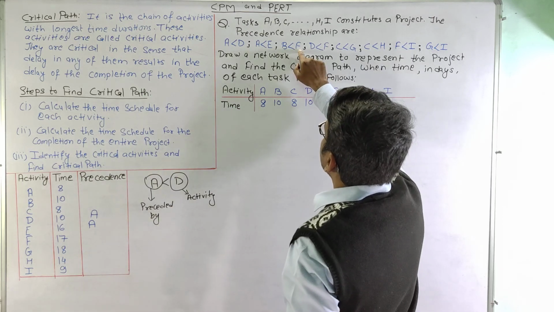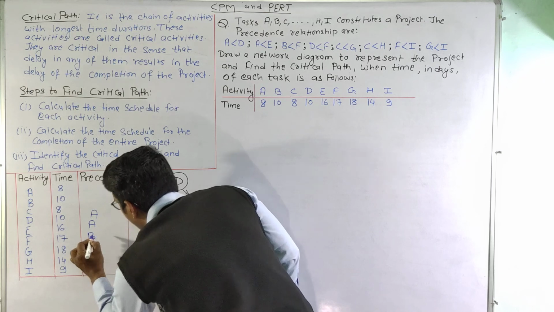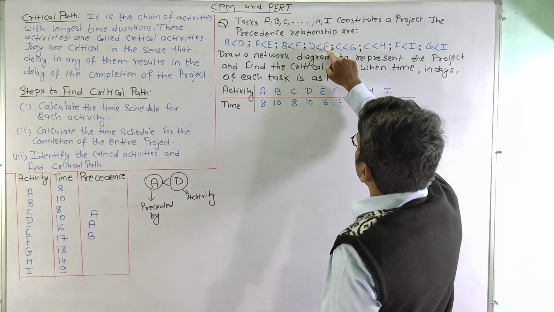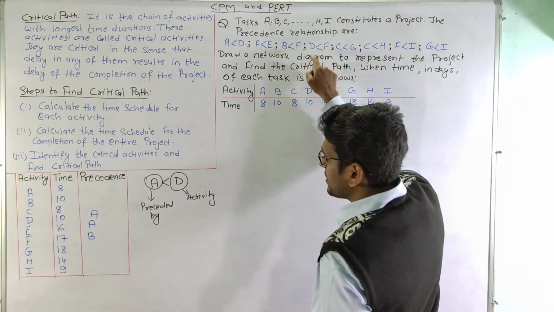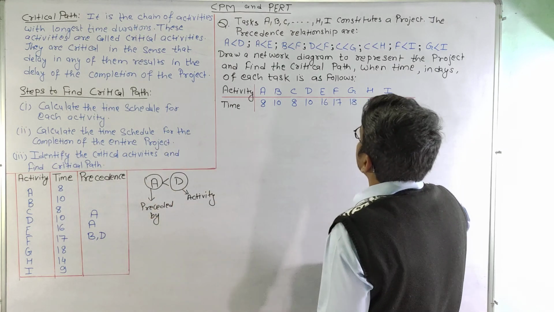Then F is preceded by B. So F is preceded by B. And F is also preceded by D. So F is also preceded by activity D here.